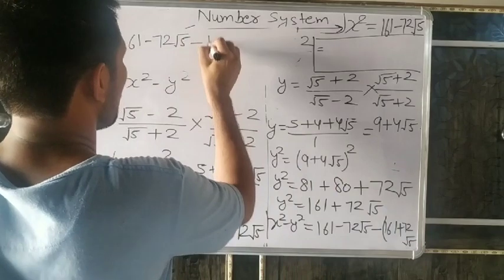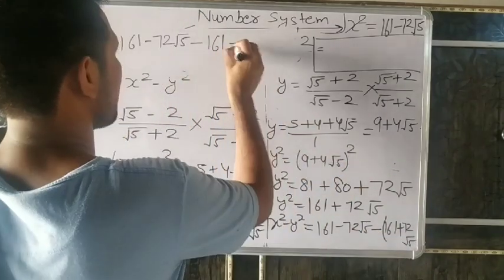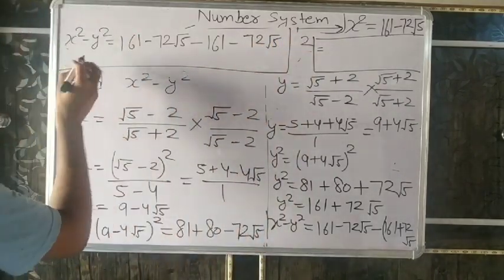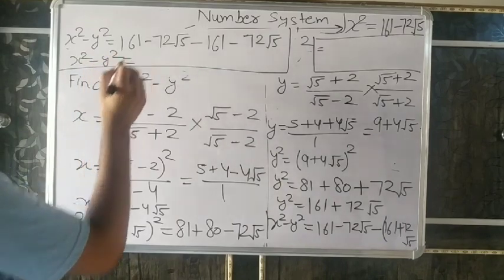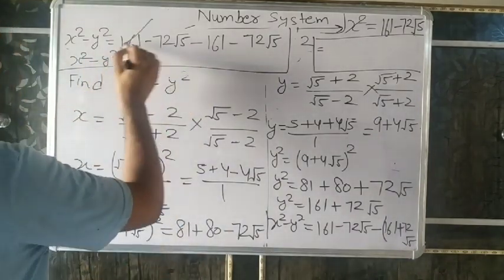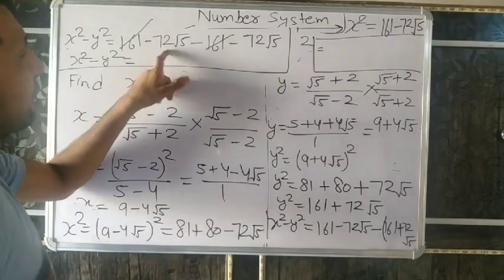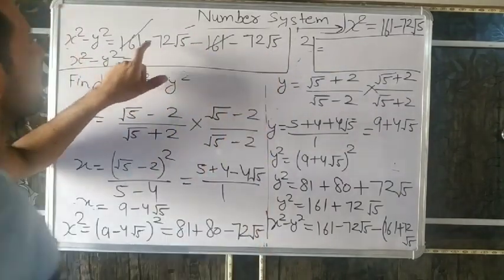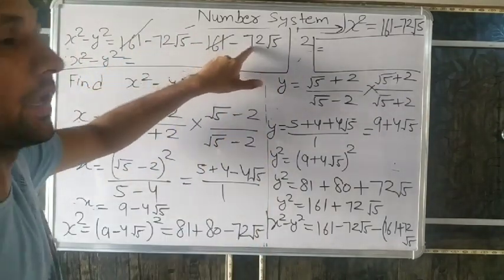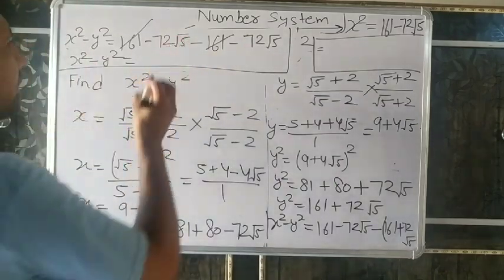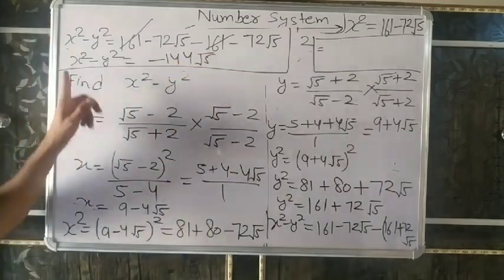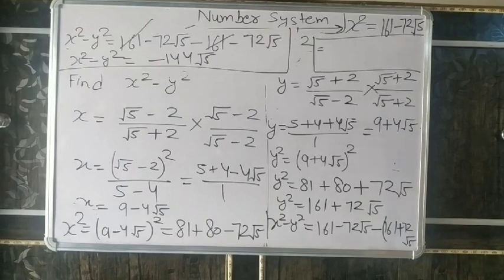Negative into positive is negative. Now 161 minus 161 is 0. Minus 72 root 5 minus 72 root 5: both are like terms, same sign, negative, negative, so we add. 72 plus 72 is 144. So the answer: x square minus y square is minus 144 root 5.